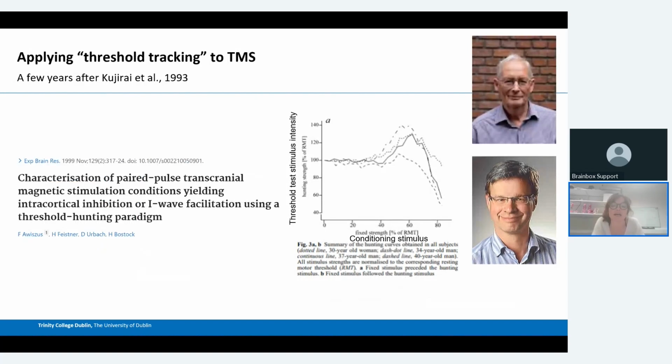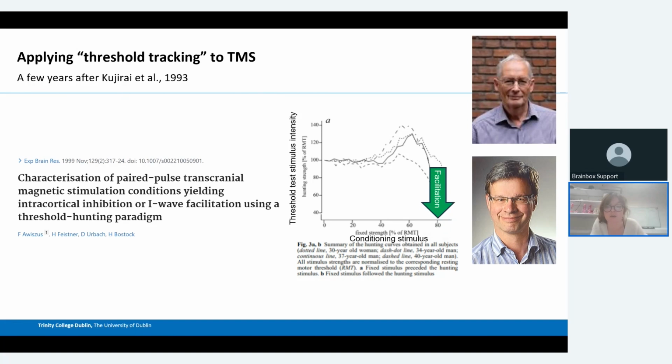They set a certain fixed strength of conditioning stimulus, and for different conditioning stimulus intensities, looked at how this threshold changed. How did the stimulation intensity you need to give to get a desired response change? And you can see, particularly around a 70% of RMT conditioning stimulus, where we expect to see SICI, a big bump in the threshold, where they had to turn the stimulator up much higher. So that's our index of inhibition.